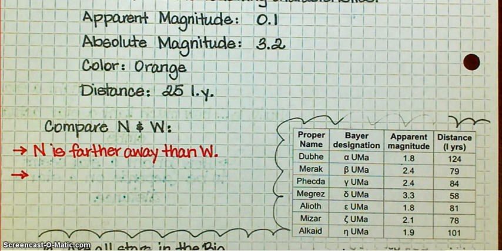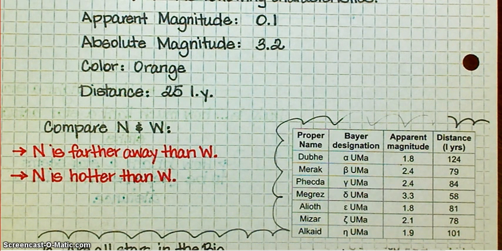And how do you know that that's its temperature? What was on this page that helped you know that? Its color was white. Okay, so the color corresponds to a certain temperature. White corresponds to spectral class A and a higher temperature than spectral class K, which is orange. Does that make sense? So you can write star N is hotter than star W, or you could write star W is cooler than star N, either way.